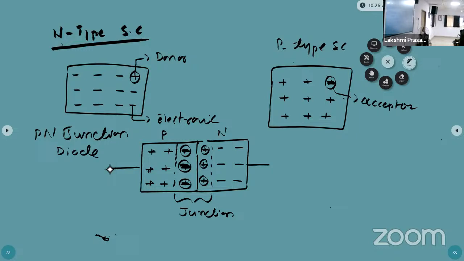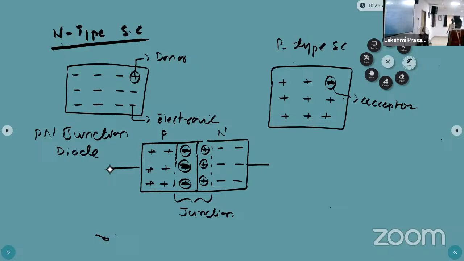In the idle state, some electrons are donating from the N-type to P-type, and the P-type holes are accepting the electrons. After accepting and donating the electrons, some barrier will develop. That barrier we are calling a junction. So that is called the PN junction diode. Two ions. What are the two ions?